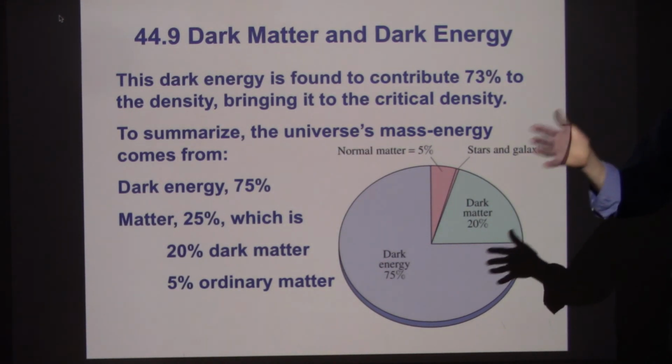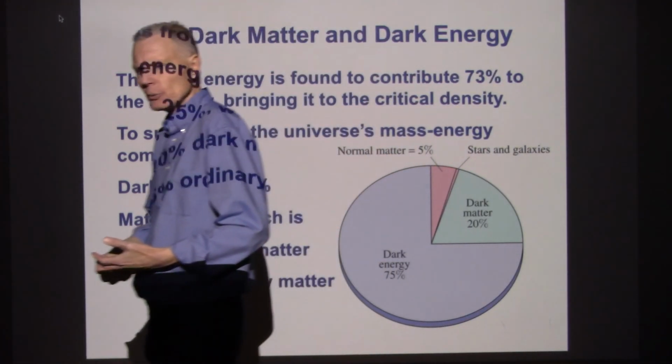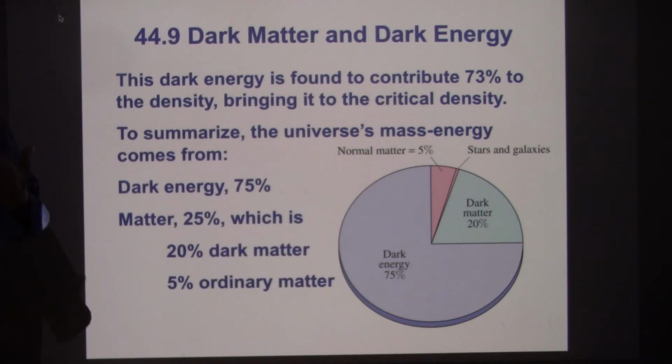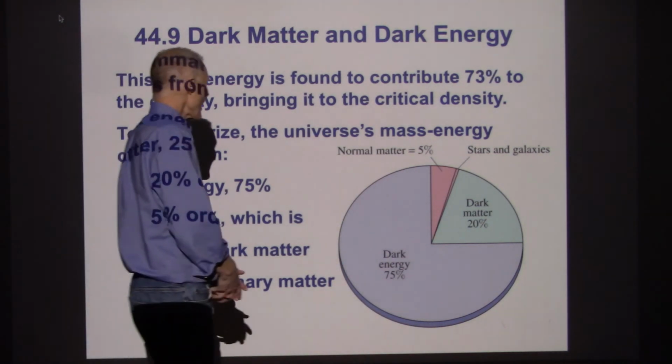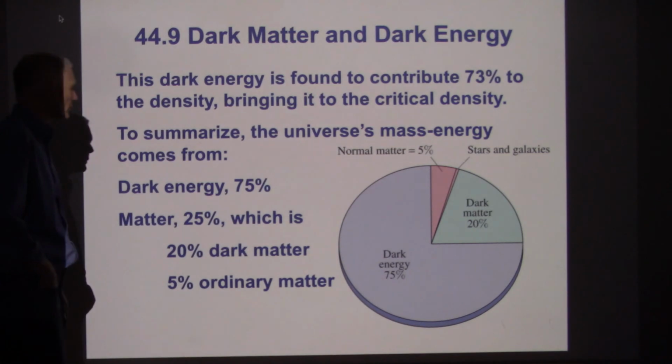So independent measurements and calculations of these three components suggest that possibly we have accounted for all of the material that makes up the universe. Possibly. But this is certainly an area of active research and something that continues to be looked at very carefully.